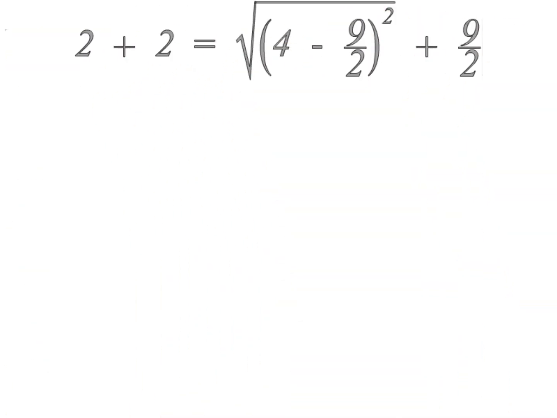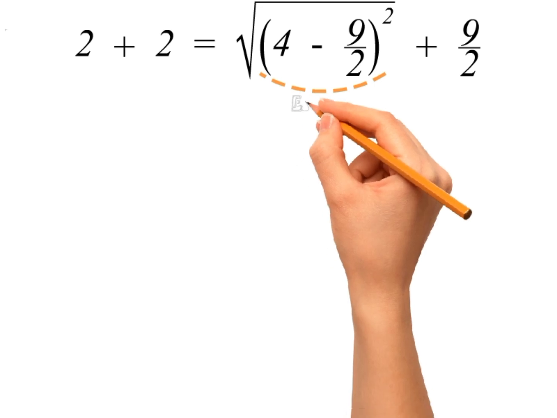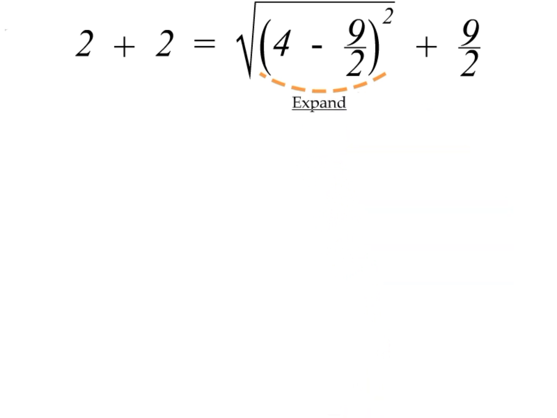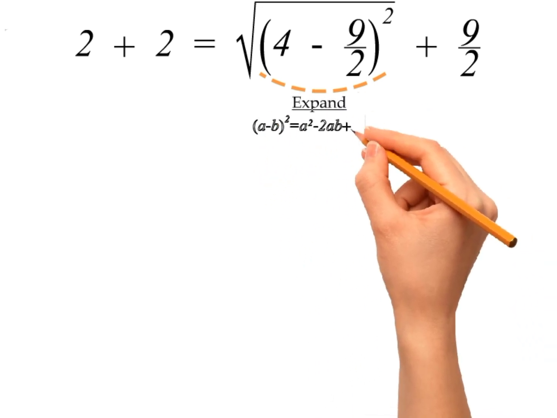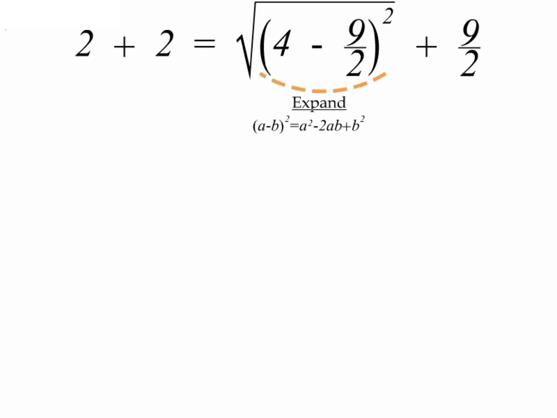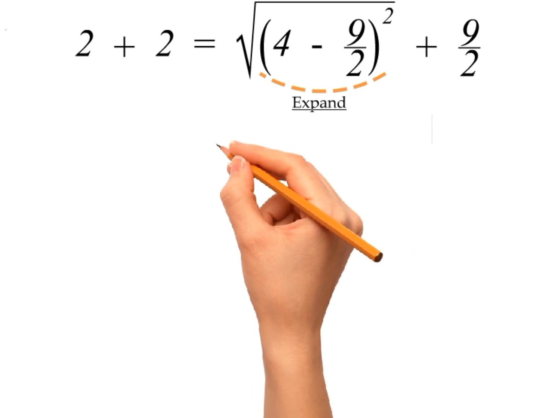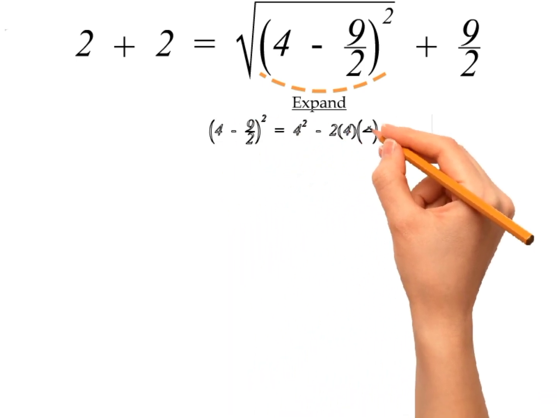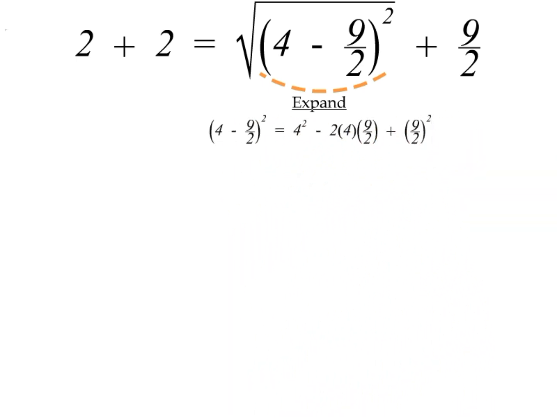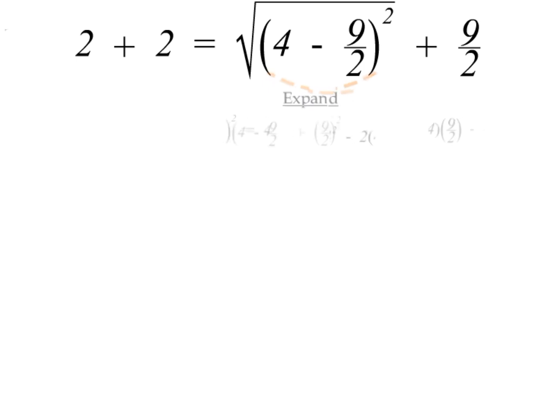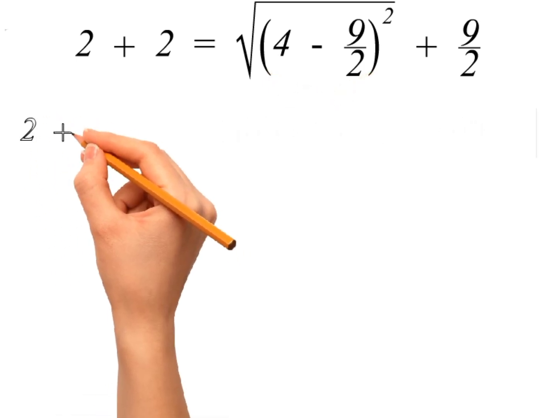We can now expand 4 minus 9 over 2 squared by binomial expansion, knowing that a minus b squared is equal to a squared minus 2ab plus b squared. Same idea gives 4 squared minus 2 times 4 times 9 over 2 plus 9 over 2 squared, with the square root being intact.